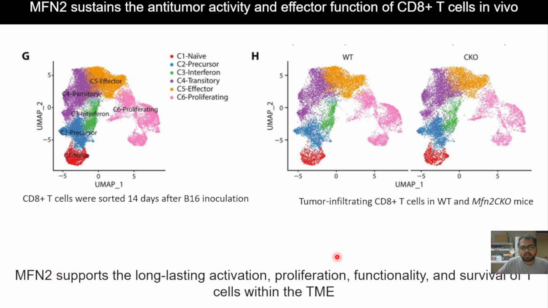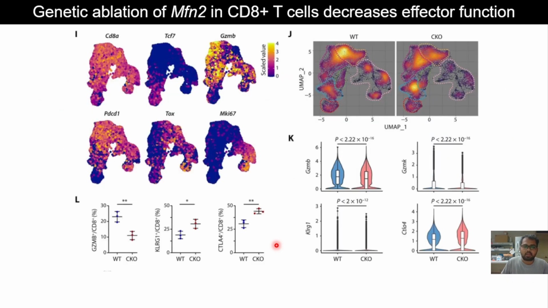Overall, they concluded that MFN2 supports the long-lasting activation, proliferation, functionality and survival of T cells within the tumor microenvironment. Furthermore, in a similar experiment they used different markers to show that in knockout there are fewer granzyme B positive CD8 T cells, a higher KLRG1 percentage, and more CTLA4 positive CD8 T cells.